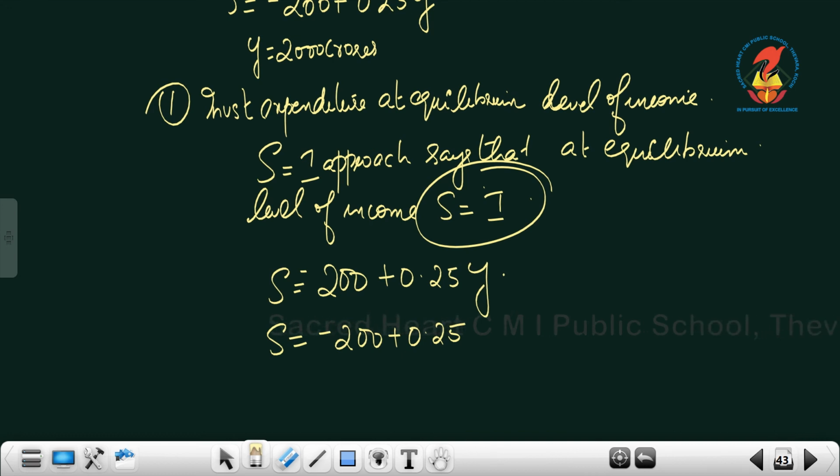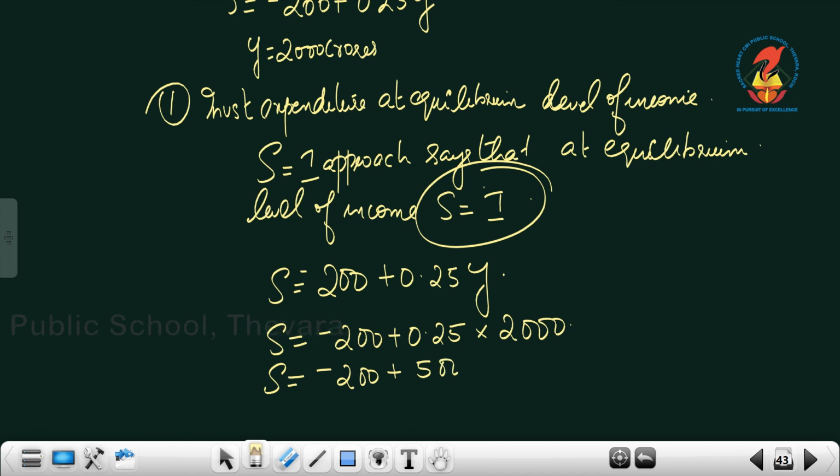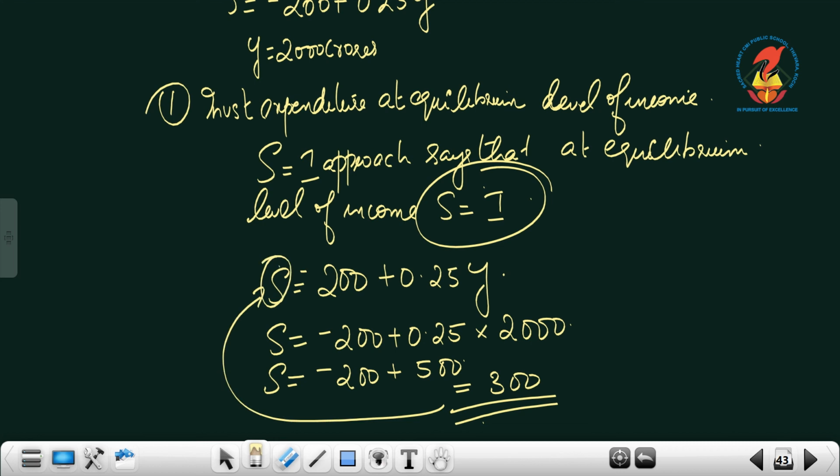The value of Y given is 2000. Therefore S is equal to minus 200 plus 0.25 into 2000, which will give you 500. So minus 200 plus 500 will give you the answer as 300.